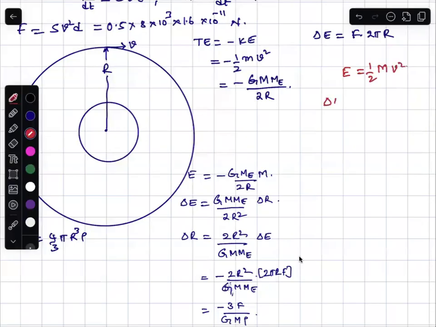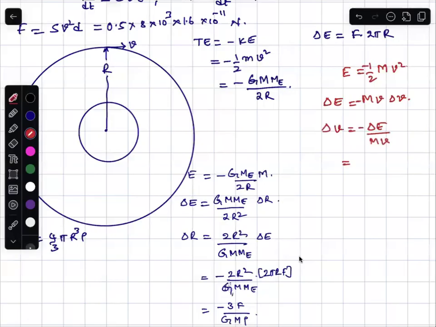So delta E is, you know the differentiation part, M V delta V. So clearly delta V is delta E by M V. Delta E, don't forget, has a minus sign.